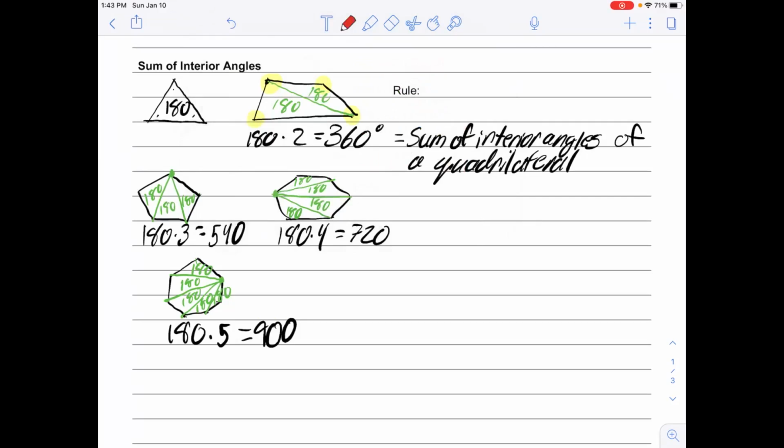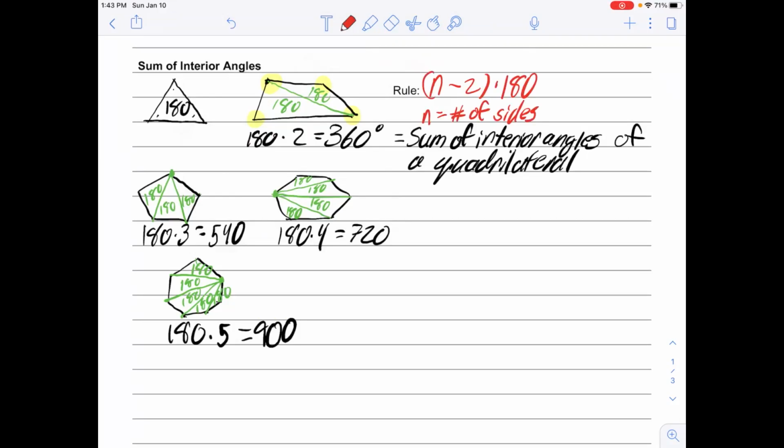So the rule is that for all polygons, the sum of their interior angles is the number of sides minus 2, times 180. And this is for all polygons.